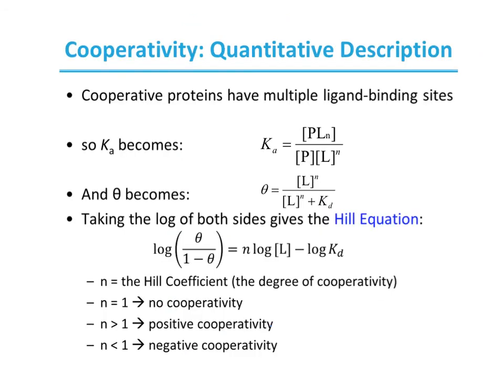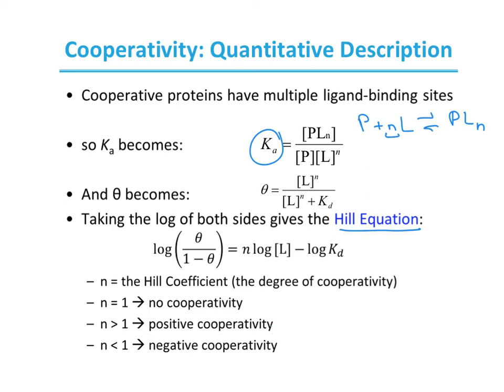We can quantitatively describe cooperative proteins using something called the Hill equation. So if we think about a protein with multiple ligand binding sites, we would describe that with this equation. P plus nL, where n is the number of ligands that can bind to the protein, gives you PL sub n. And then we take the concentration of the products over the reactants to get to this Ka expression.